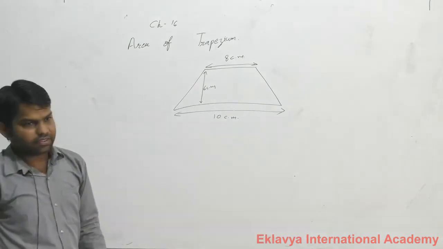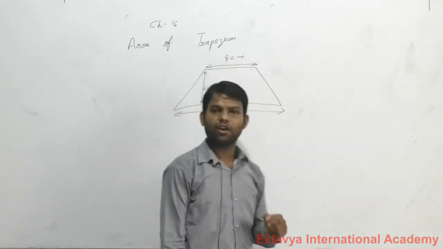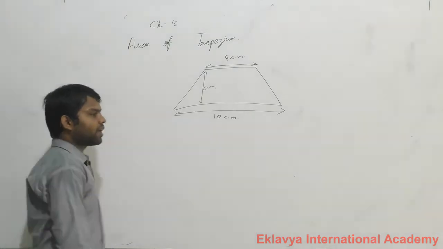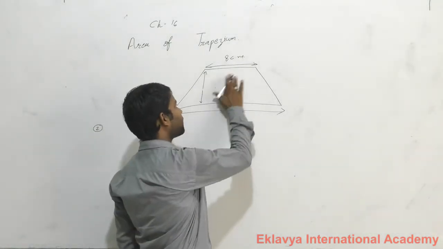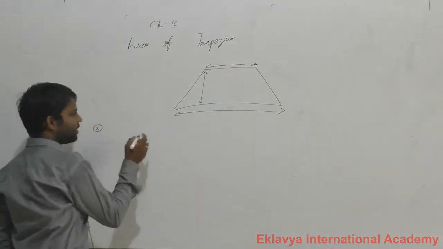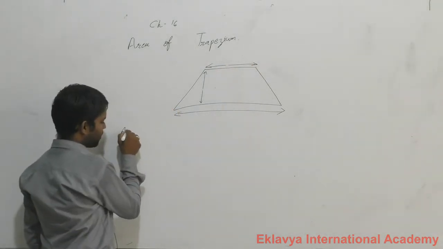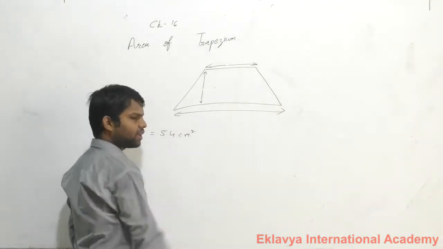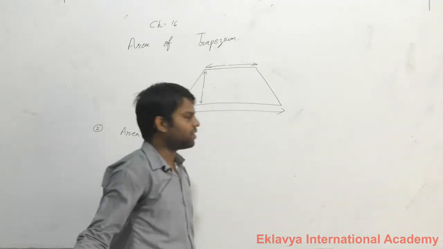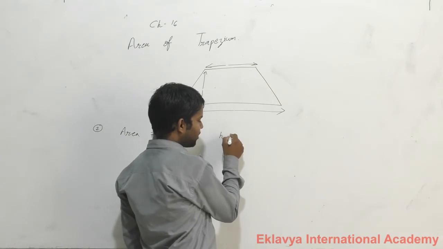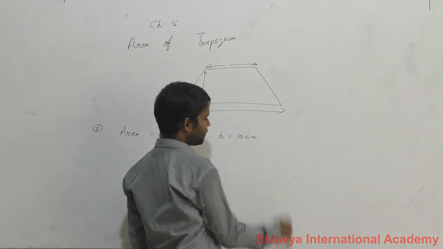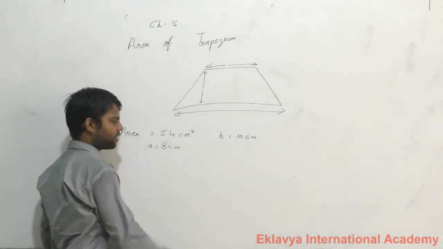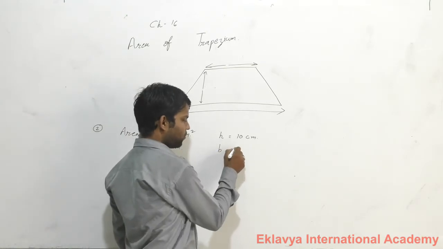First type is that we want to find the area of trapezium. Second type, if the area of trapezium is given, like area is equal to 54 centimeter square, height is also given 10 centimeter, one parallel side is given 8 centimeter, and the second parallel side we want to find out.